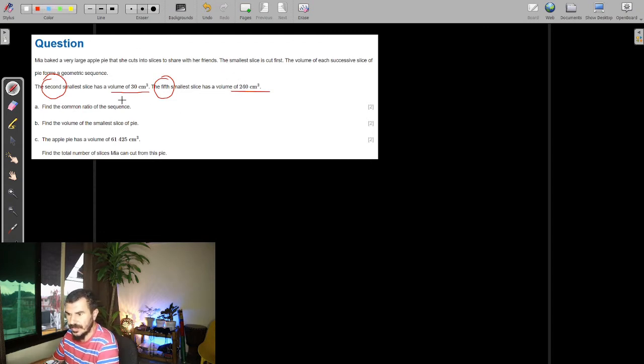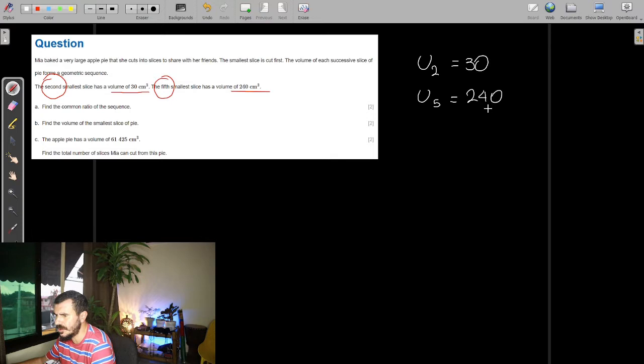From this information, what can I understand? They tell me that the second term, U2, the second smallest slice, is 30 cubic centimeters. And the fifth, U5, is 240. Find the common ratio.